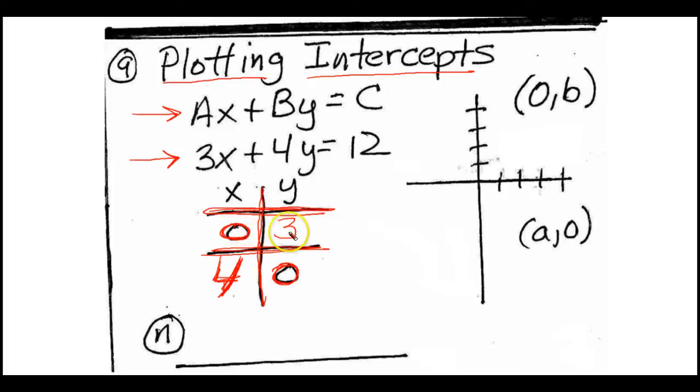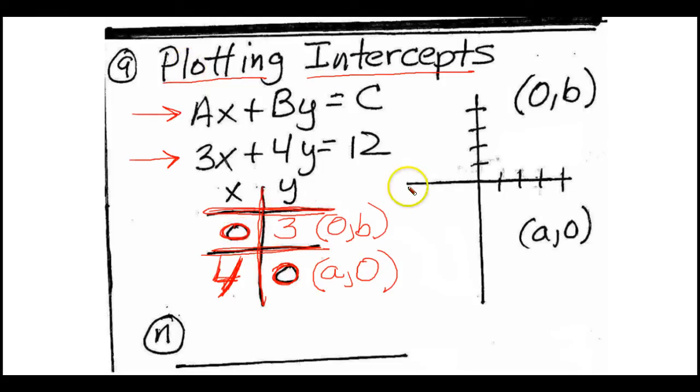When x is 0, and it's in the form 0, comma b, that's your y-intercept. When our y is 0, that's a, comma 0, then this is the x-intercept.